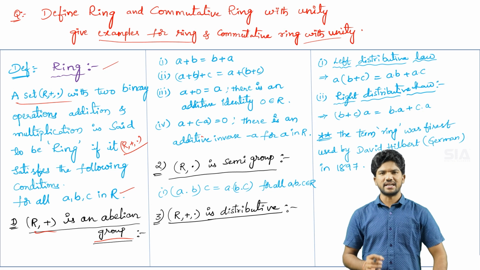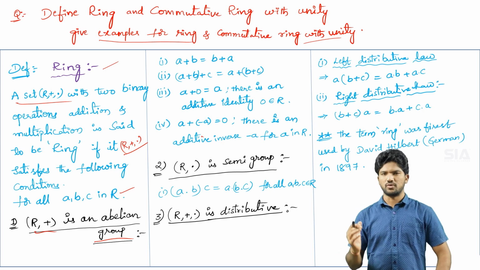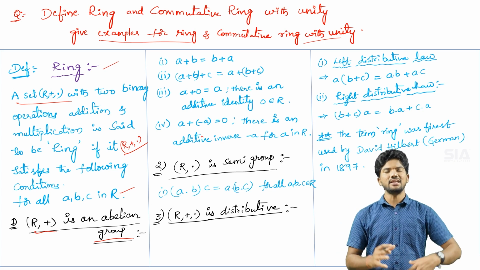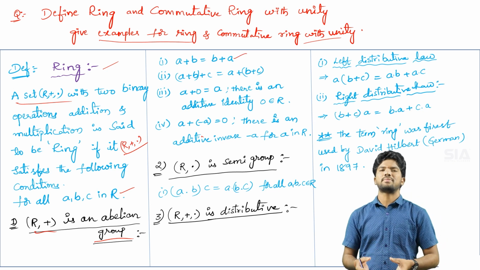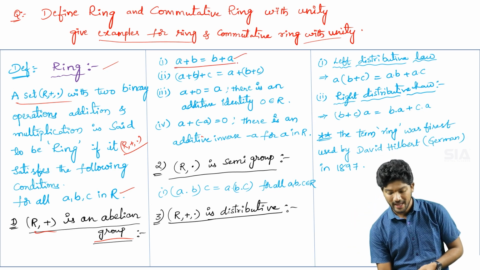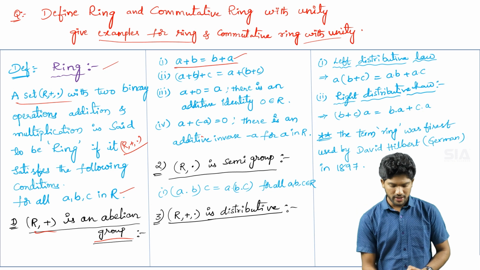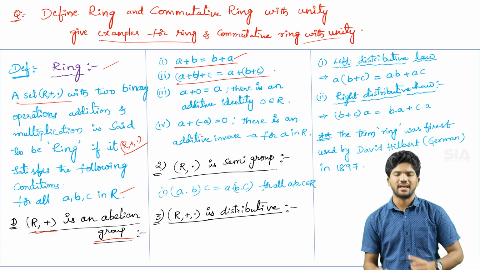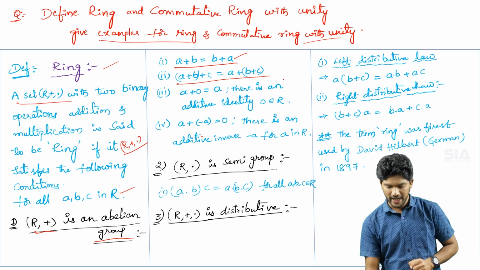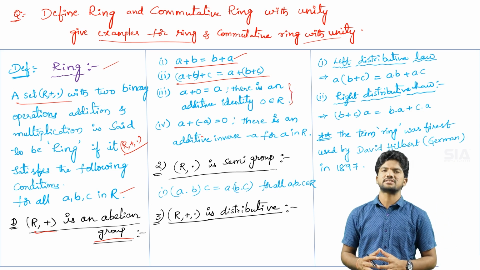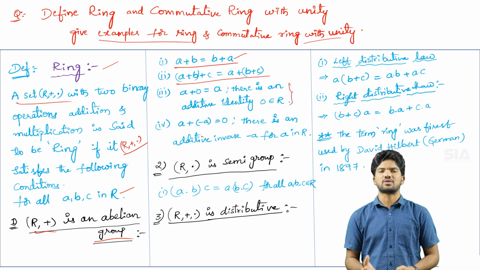In this first condition we have four properties. Abelian means a plus b is equal to b plus a. This is the commutative property under addition. Next, the associative property: (a plus b) plus c is equal to a plus (b plus c). Next, the identity condition: a plus 0 is equal to 0 plus a is equal to a.